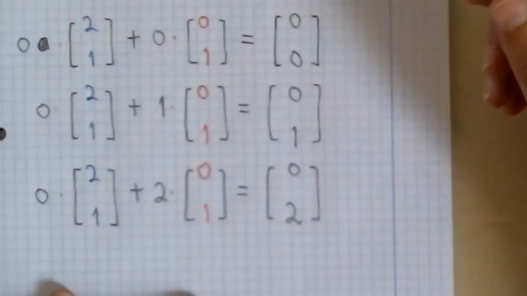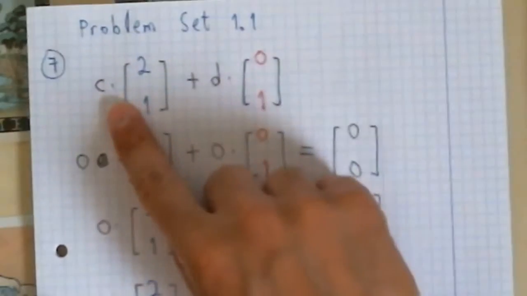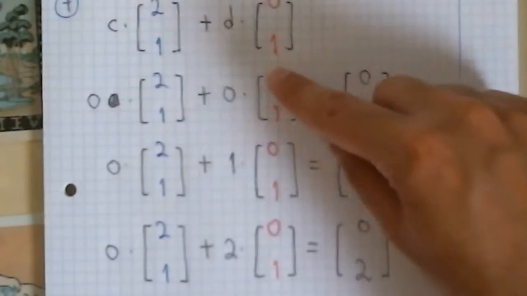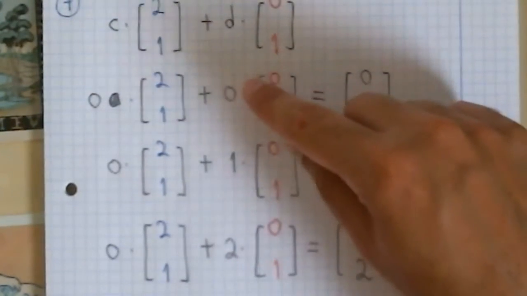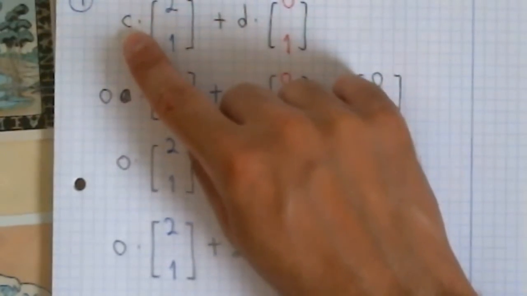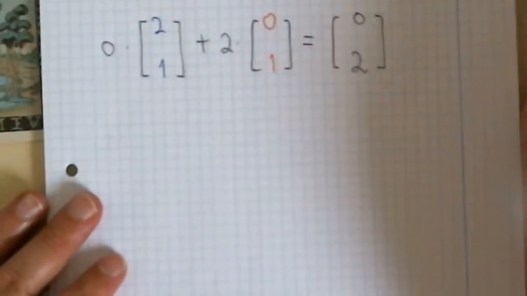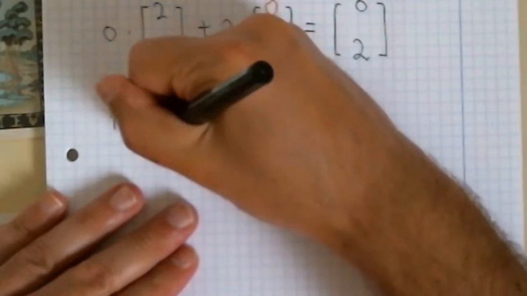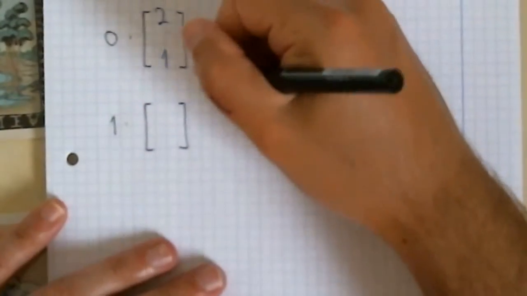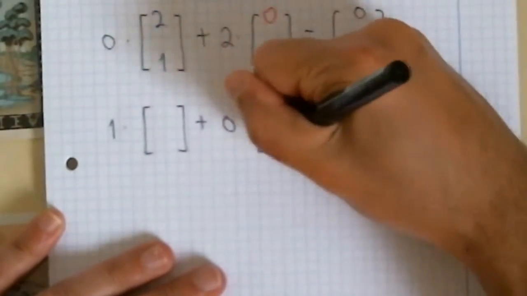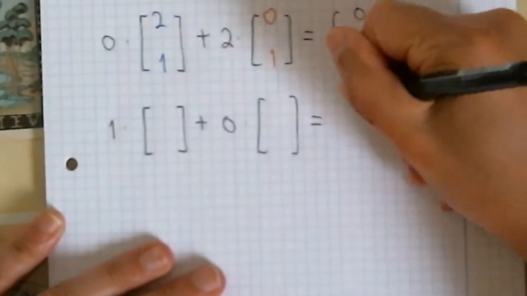Okay, so now we move to another C. We tried C all the time 0, and we tried all the possible D's, 0, 1, and 2. Now we will try C equals 1. Okay, so we have 1 times the blue component, plus 0 times the red component, equals something.